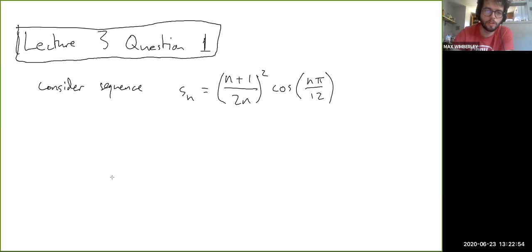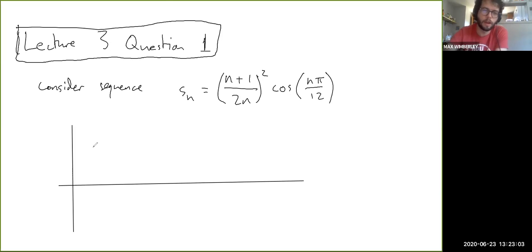So the picture you can draw of this sequence would be something like this. I'm not even going to do it as dots. I'm just going to do it as a curve, even though it would be dots in this shape. So it looks something like this.